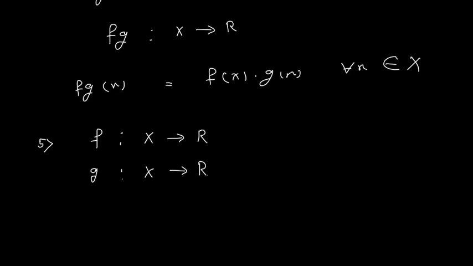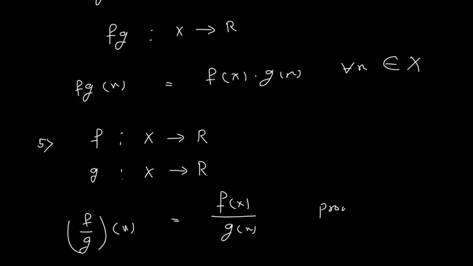I will define (f by g)(x) as f(x) divided by g(x), provided this g(x) should not be equal to 0. So this is division of two functions.